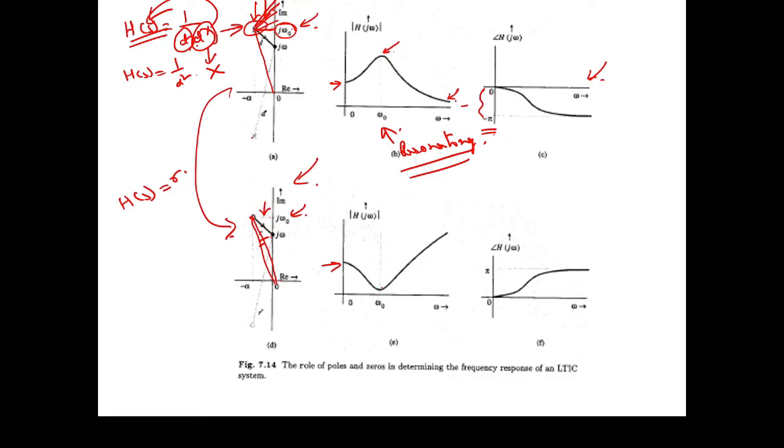Since the distance is reducing, the amplitude value is reducing, and beyond that it is increasing. Okay, the phase response of the zero is in the positive half. And if you see the phases, it varies in the range of 0 to pi and 0 to minus pi.